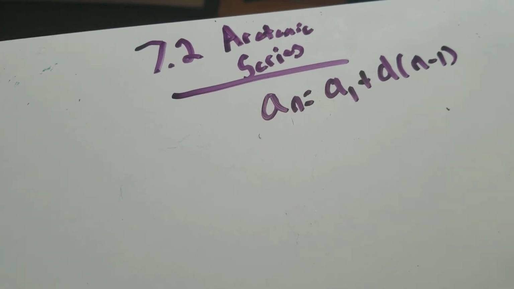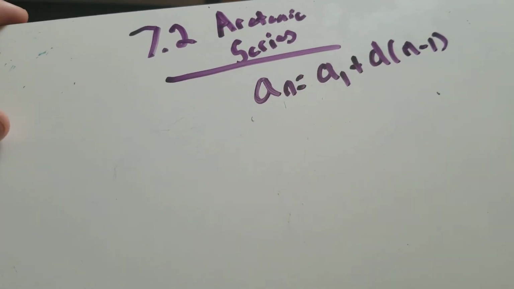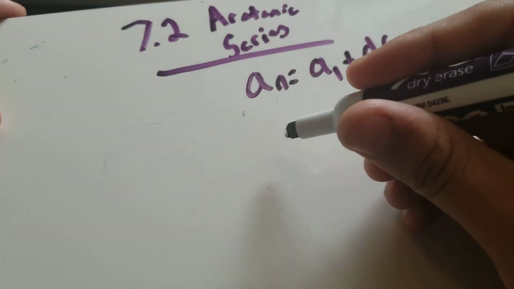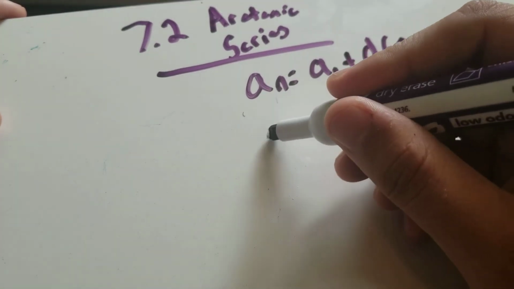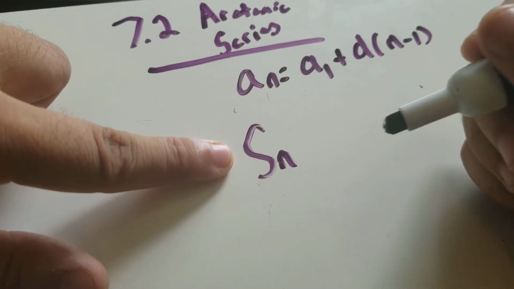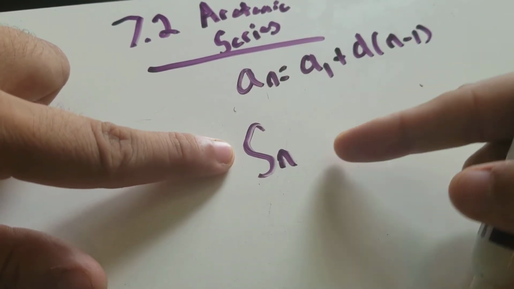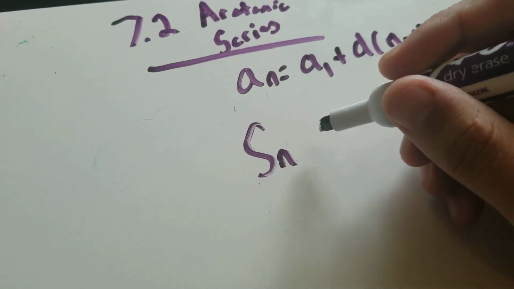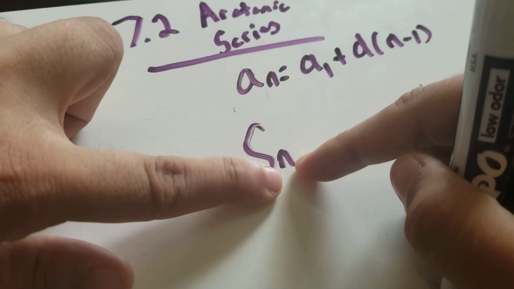So today, we're going to practice using the equation to add an arithmetic sequence, or an arithmetic series. And this is the equation. This is the important part right here, guys. So S of n, that capital S stands for sum, which remember means add it all up. It could also stand for series. So the series up to the nth step.